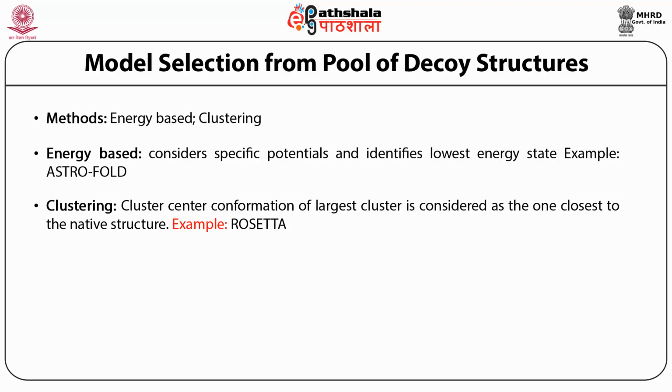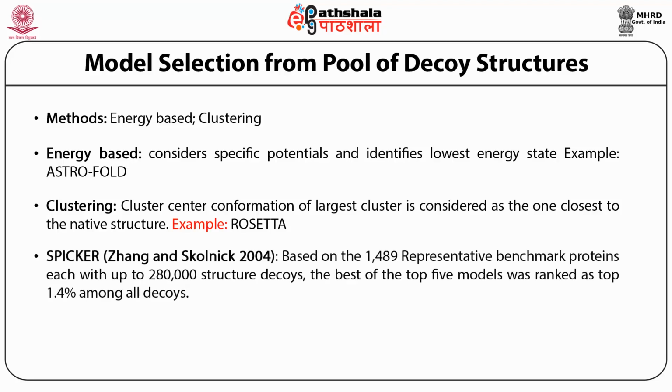And the software that best uses this particular principle is Rosetta. SPICKER is based on more than 1,000 representative benchmark proteins, each with up to more than 280,000 structured decoys. The best of the top 5 models was ranked as the top 1.4% among all decoys.